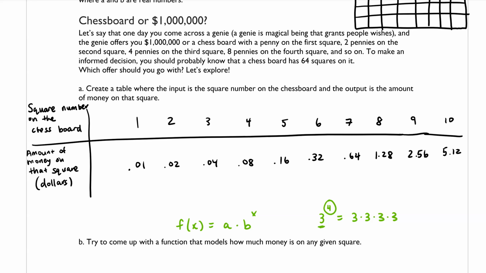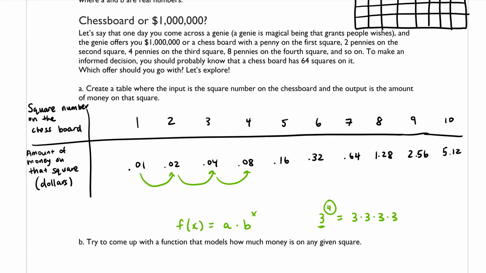So here, again, we are increasing our input value by 1. So notice that it's increasing by 1. And when we do that, what is happening? What is the pattern in our output values? So how are we getting from here to here? How are we getting from here to here and here to here and so on? Take a minute to think about that.